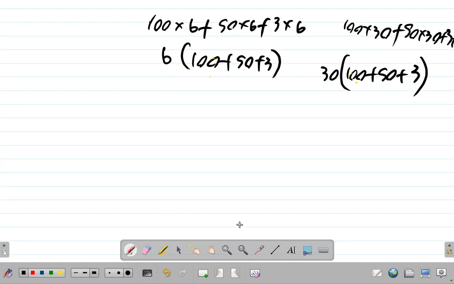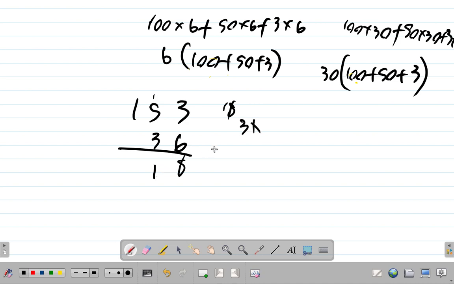The algorithm. You have 153 multiplied by 36. So you just say 6 times 3 is 18, bring down the 8, carry 1. 6 times 5 is 30 and 1 is 31, bring down the 1, carry 3. 6 times 1 is 6 and 3 is 9.